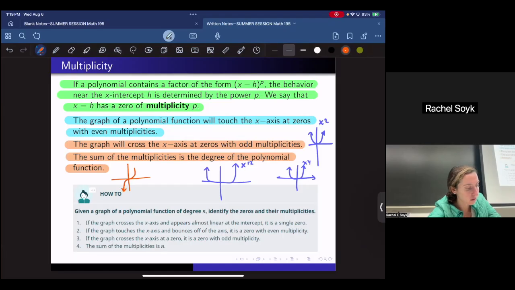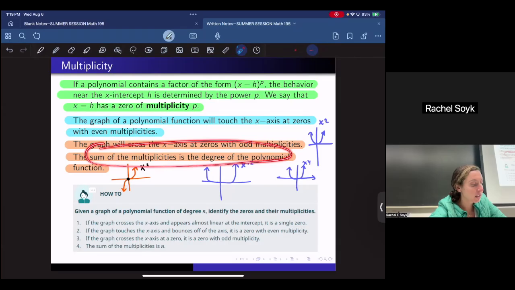We have 3 roots of 0. Notice how it crosses over. And then the sum of the multiplicities is the degree of the polynomial function, which is kind of cool. And we'll show that when we start sketching out these a bit more.